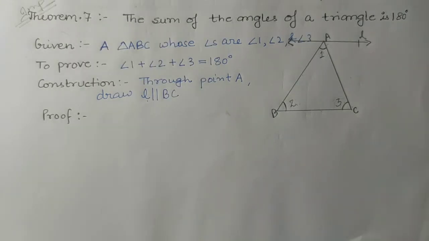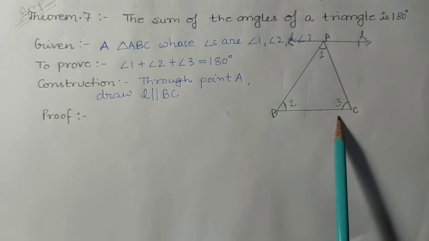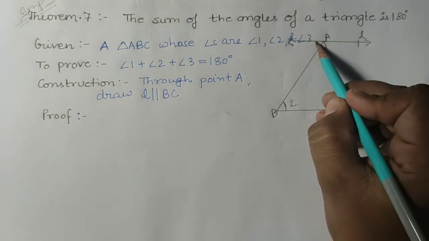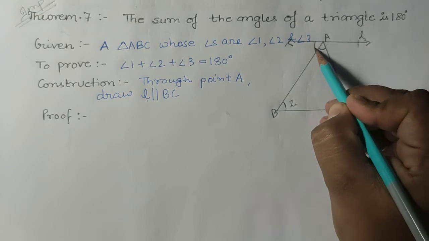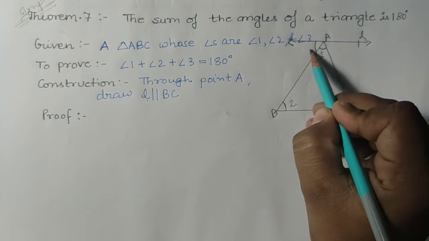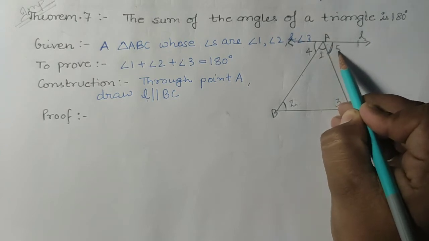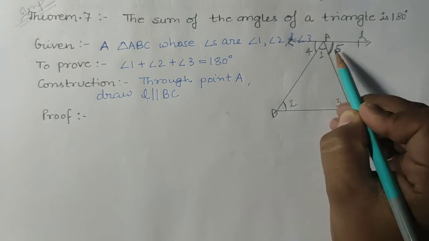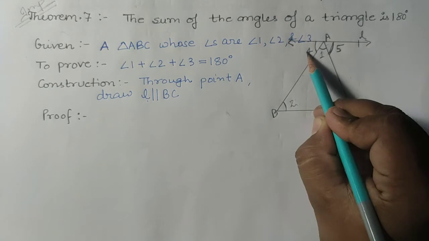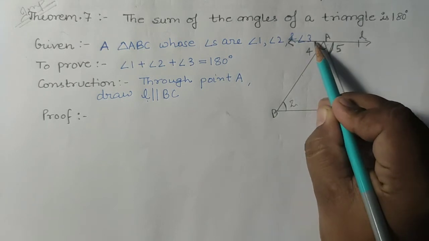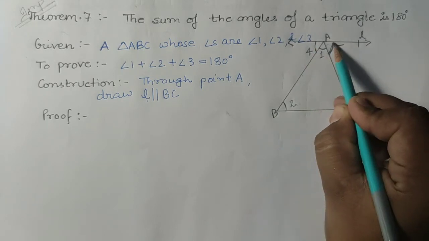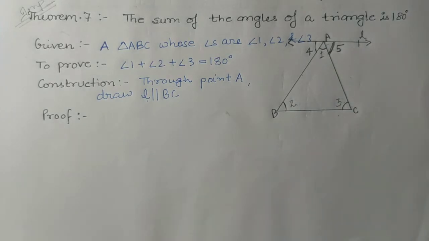See, I have drawn a line L which is parallel to BC. Suppose this angle is angle 4 and this angle is angle 5. By drawing this line, these two angles are formed.